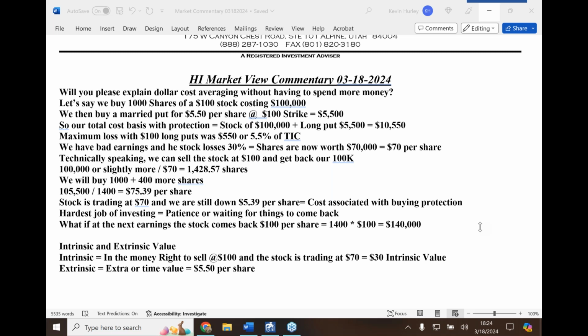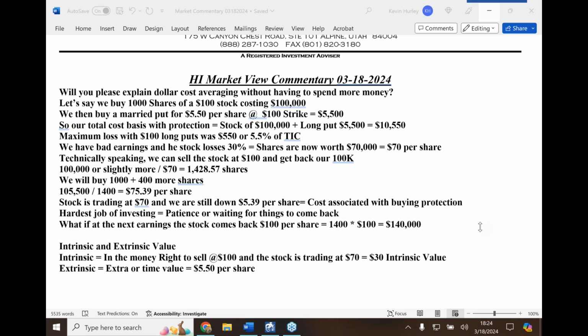We're taking advantage of that because we're buying stock at a lower price than what we bought our original stock. Yet we still have, in essence, that original capital investment. So the next question is normally, won't it be more expensive to buy puts next time?